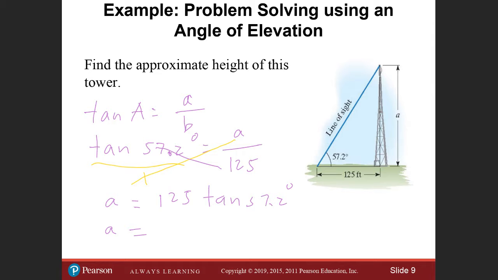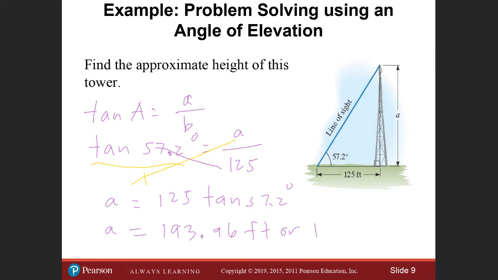So I'll just take tangent of 57.2 times 125. It gives us 193.96. So this is in feet, or we round this to the nearest whole number.